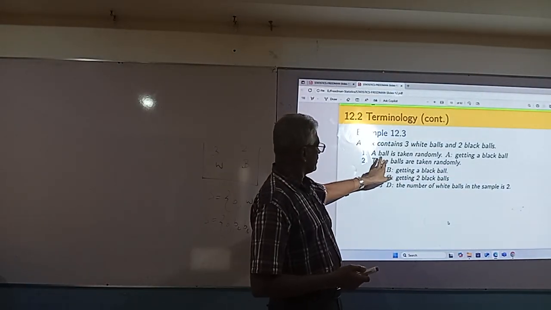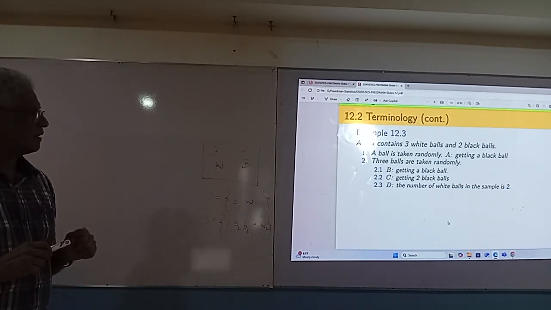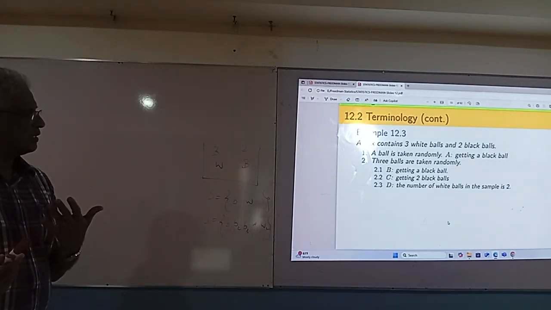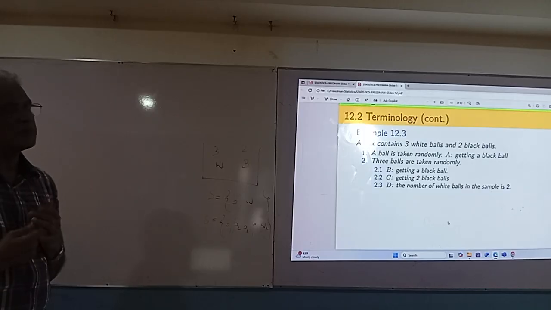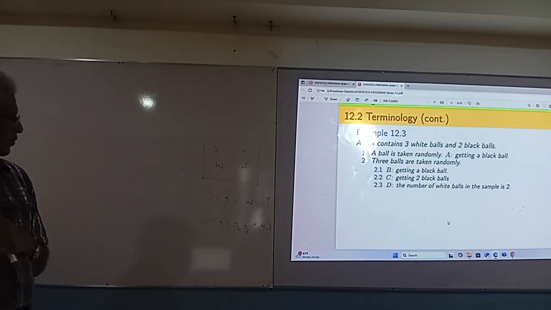Okay, let's look at this one. So suppose you are taking 3 balls randomly. I want to talk about the event B, getting a black ball. So still the color is the important one.